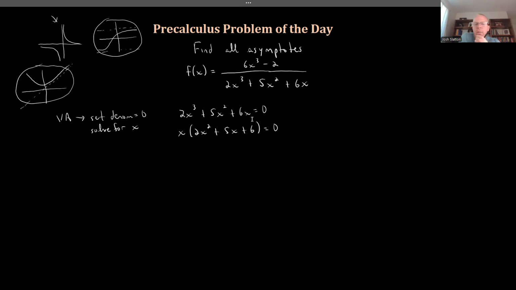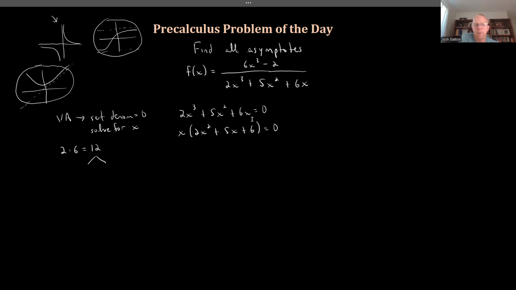And so now, what can we do with this? I don't see an easy way to factor this immediately. So one thing you can do to check this is multiply the first coefficient by the last coefficient, 2 times 6, which is 12.